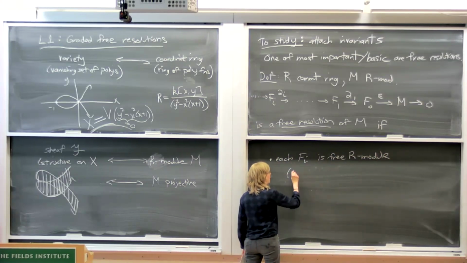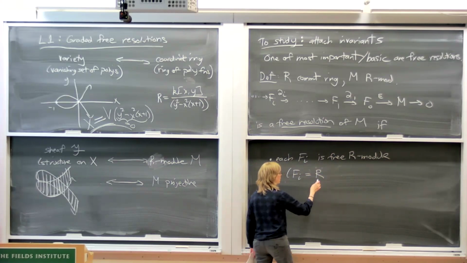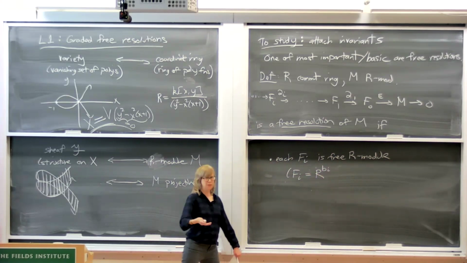What do we mean by that? It means Fi is like R to the Bi for some integer Bi.